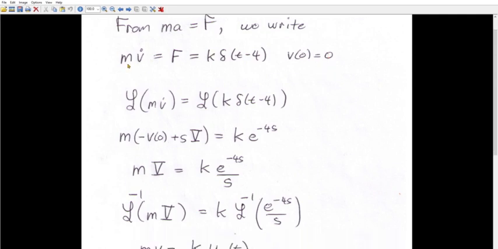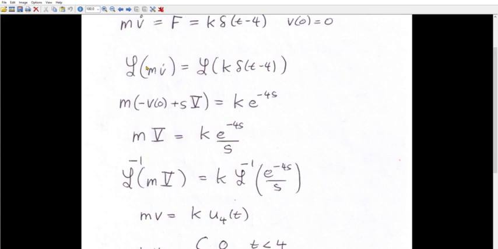So we take this equation and we Laplace transform it. So the Laplace transform of m v dot is the Laplace transform of k times delta of t minus 4. Now, standard sort of stuff.